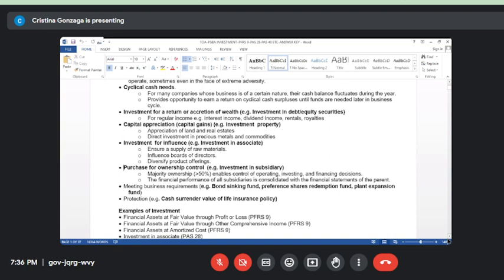So at least merong ready source of fund for the settlement of bonds.